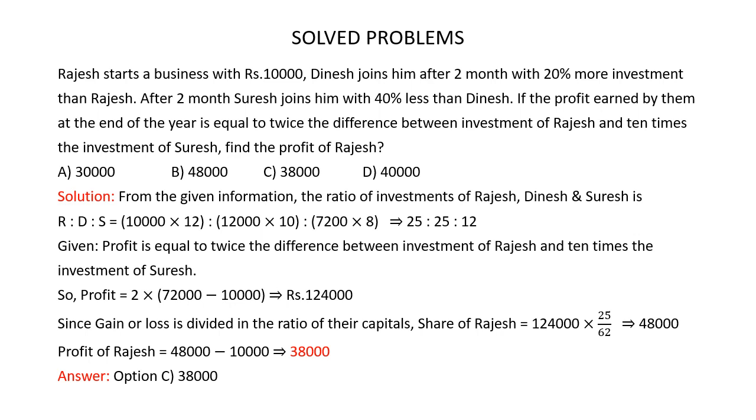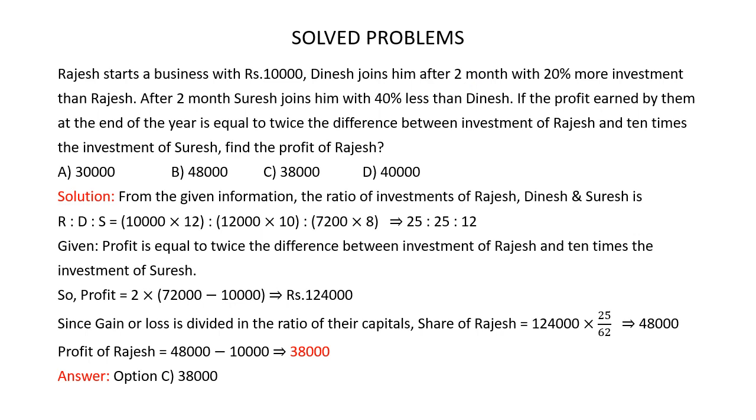Dinesh joins him after 2 months with 20% more investment than Rajesh. So Dinesh's investment is 120% of 10,000, which is 12,000. So Dinesh's investment is 12,000 rupees for 10 months since he joins Rajesh after 2 months.